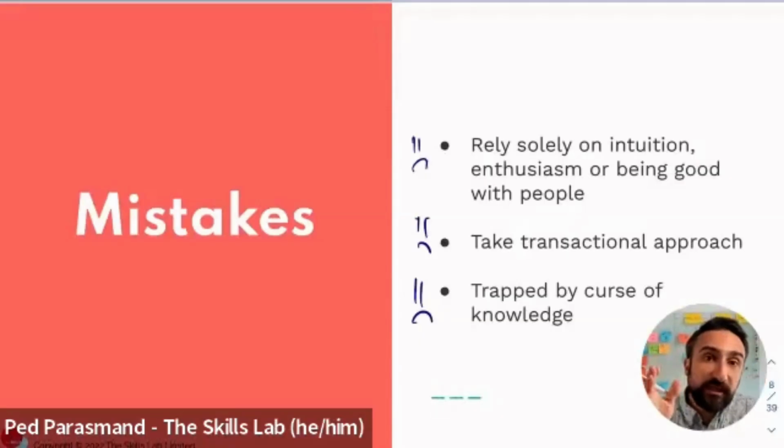So what this means when we're running training, when we're running workshops or whatever it is, is that we might not set up instructions as clearly as we might want to, or we might not really help lead people towards their aha moment or their insights. And that means that we're missing the mark around actually having the impact.